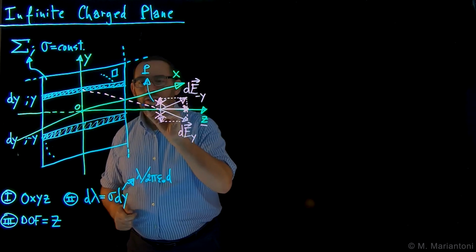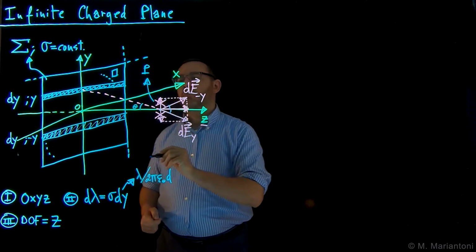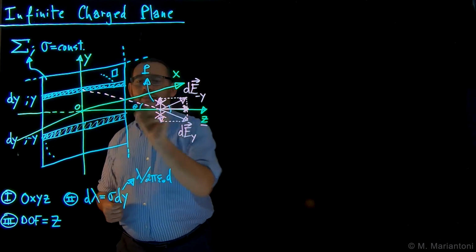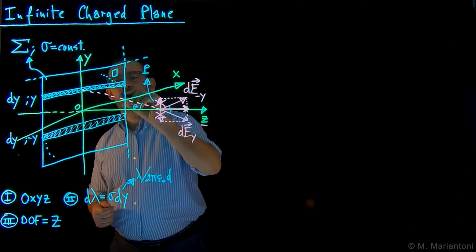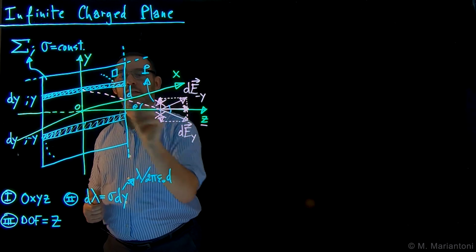Let's define a few quantities here. If this angle, I call it theta, which is the same as this angle, for example. Let's call this distance d. So d is the distance from this point to this point, this distance here, okay?